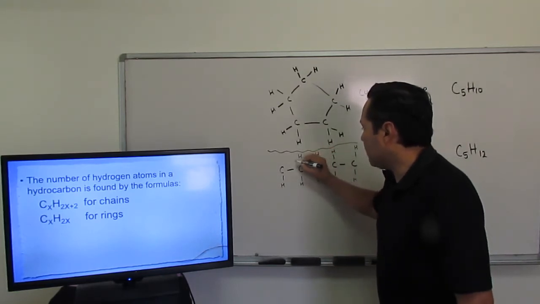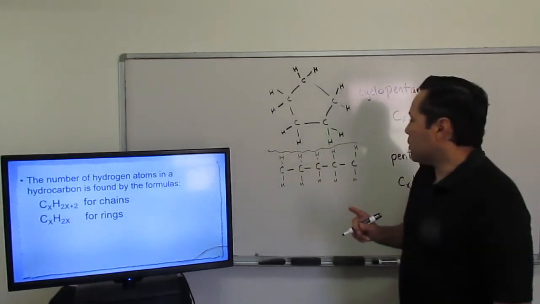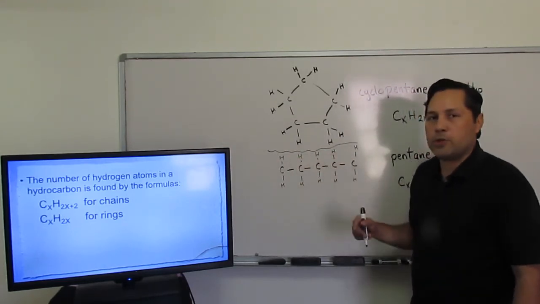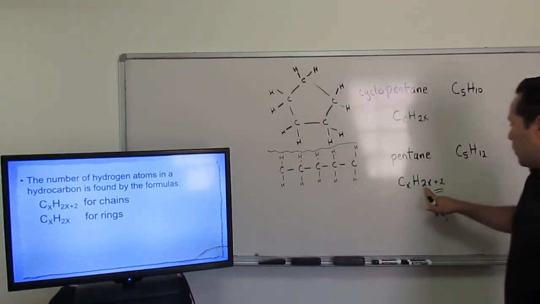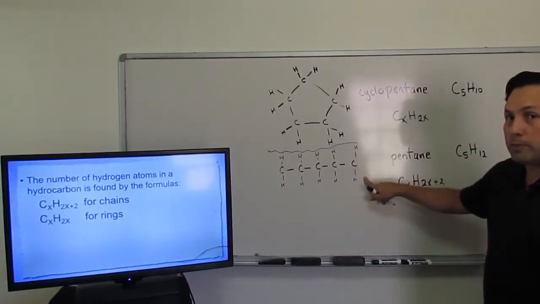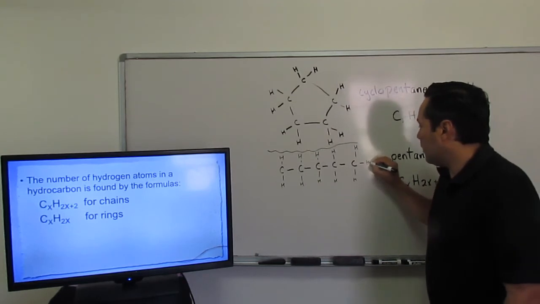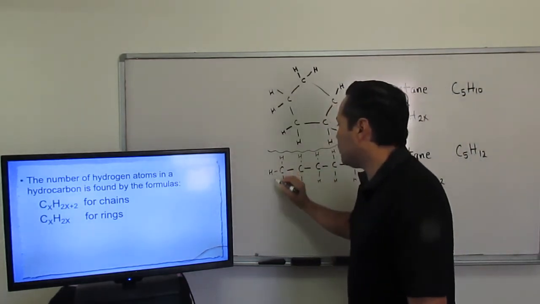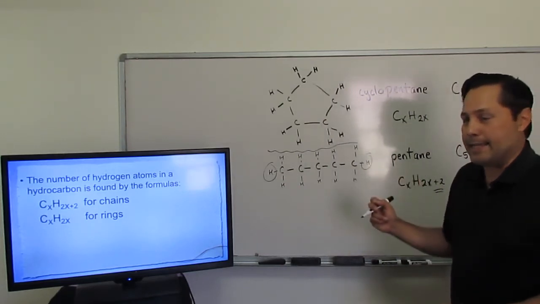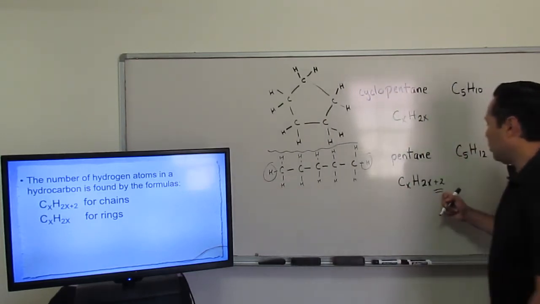So there you have it. You'll notice there are 2 hydrogens for every carbon. That's why it's double the carbons. But this one also has 2 additional hydrogens at the end. That's what gives you the +2.